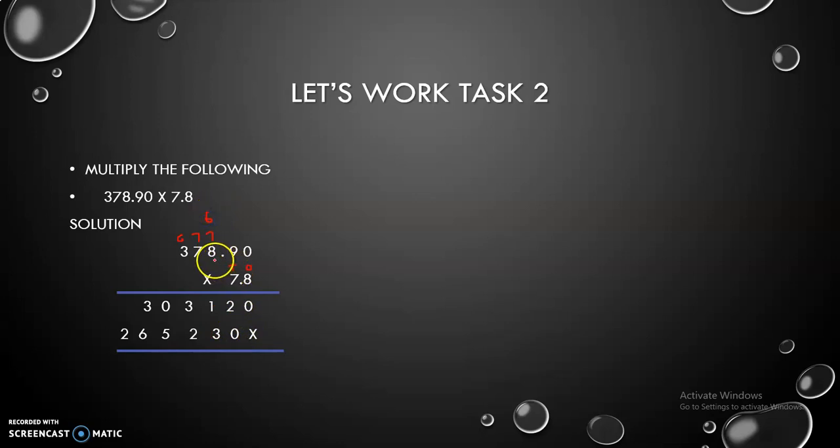7 8s are 56 plus 6, 62. So 2 and 6 carry. 7 sevens are 49 plus 6, 55. 5 carry. 7 threes are 21 plus 5, 26.